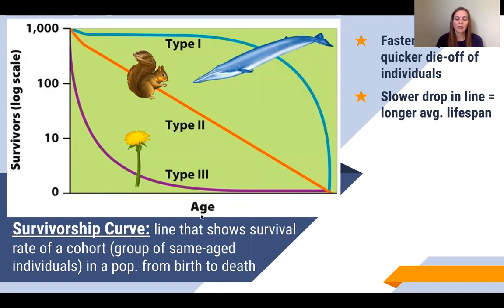Now, this age line at the bottom for type 1, type 2, and type 3 is frequently written as percentage of lifespan rather than actual age, because we really can't compare, for example, a dandelion to a whale, and this seems to be a fin whale, in terms of their actual age, but just in terms of their lifespan. So rather than thinking of this as age necessarily, think of it as percentage of average lifespan.